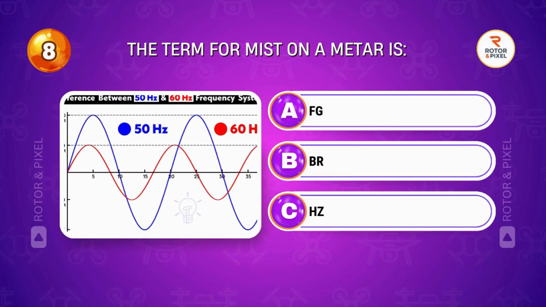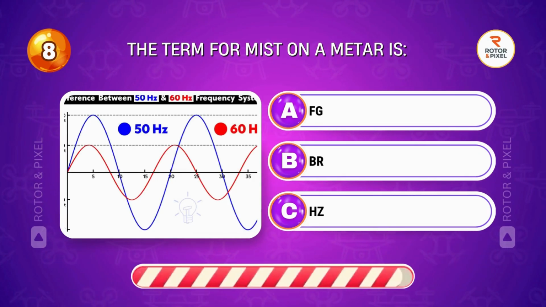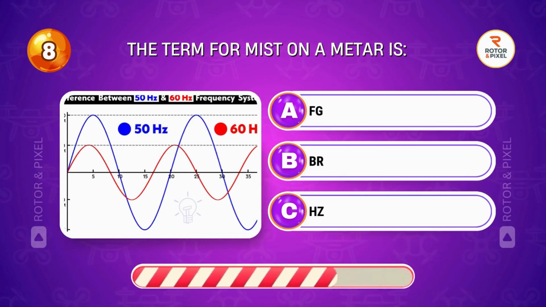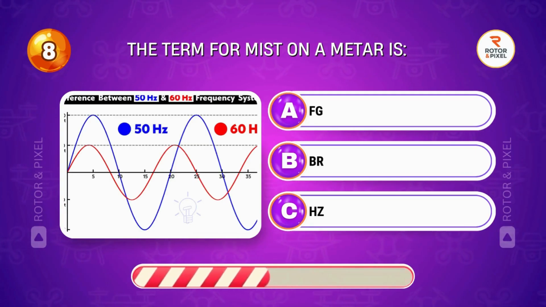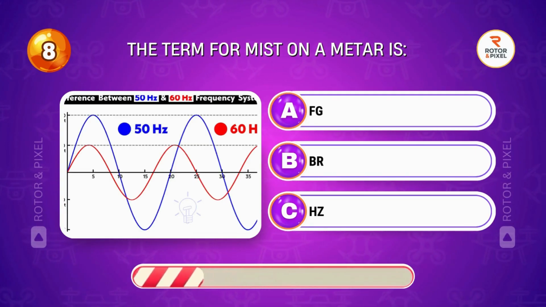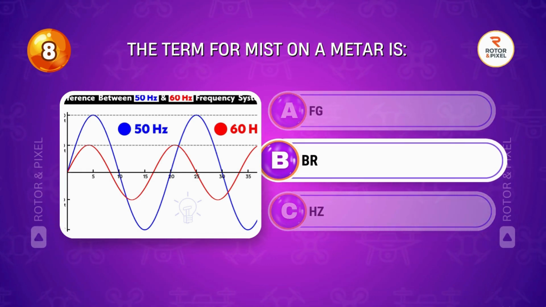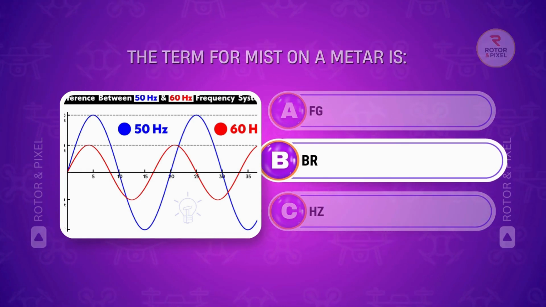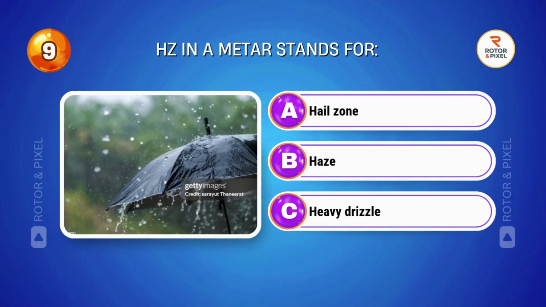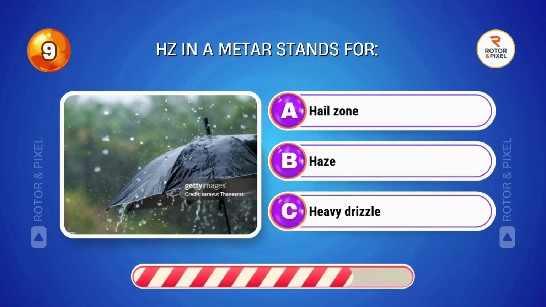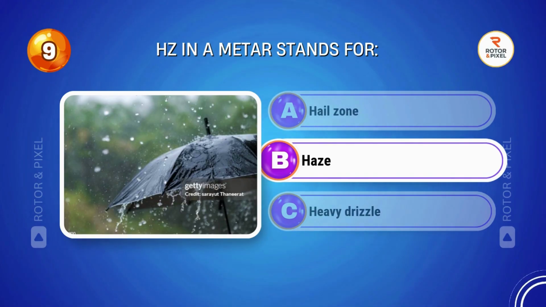The term for mist on a METAR is... Answer B, BR. HZ in a METAR stands for... Answer B, haze.